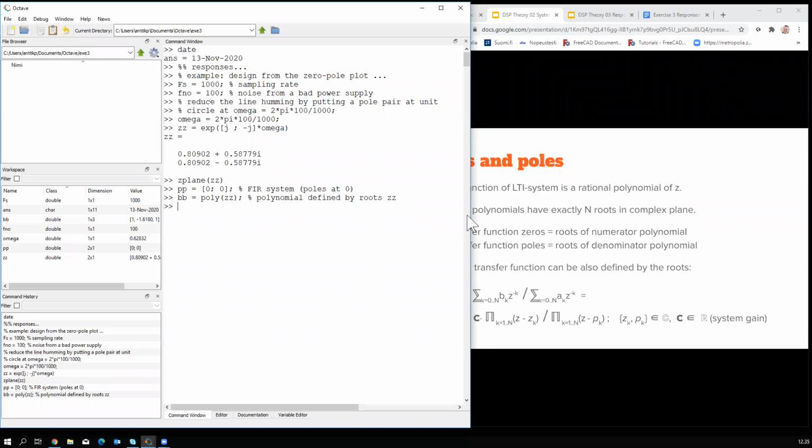It really doesn't matter what the values are here, but it's 1, minus 1.618, 1. And then AA is the second order polynomial which has roots at the same places as the poles.